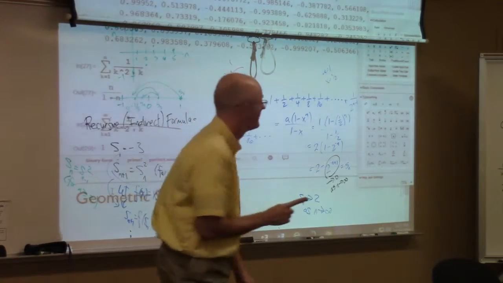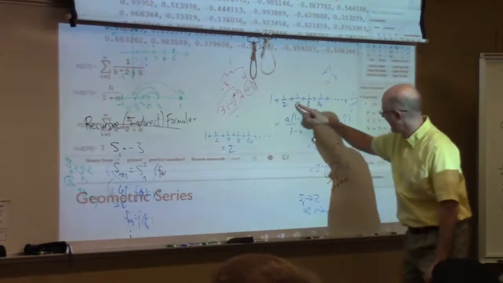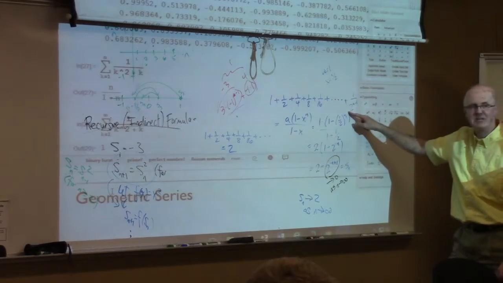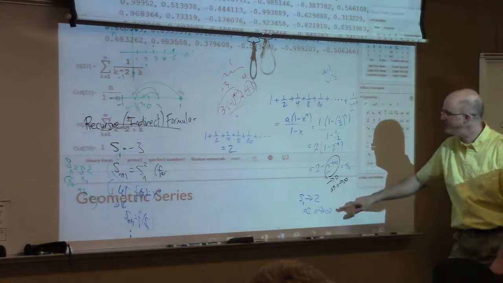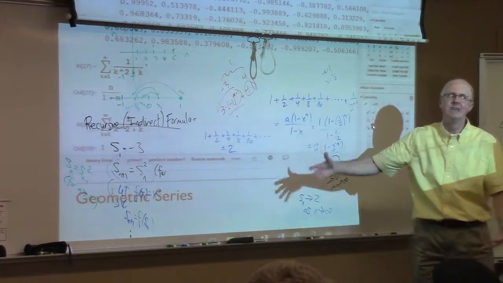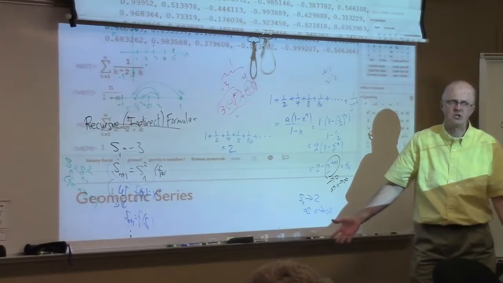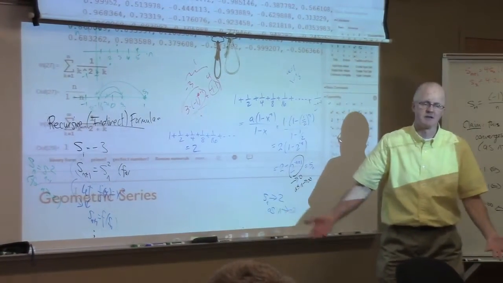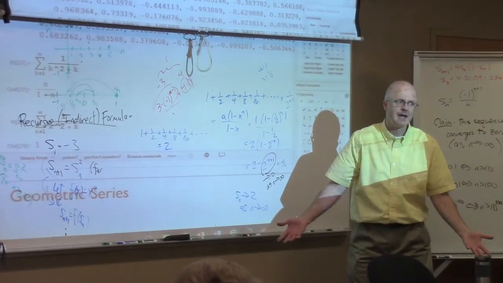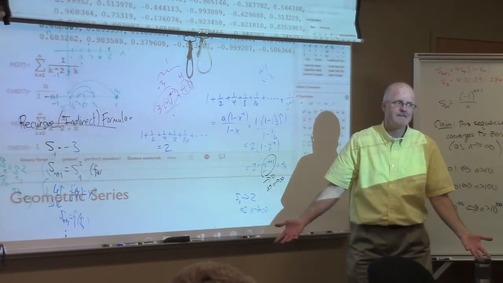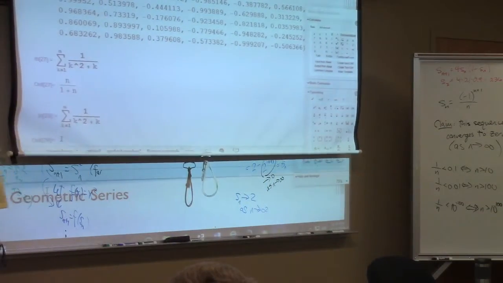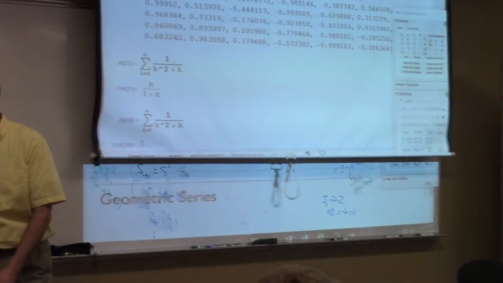But this corresponding sequence of the sum of finitely many terms does converge to 2, and so because of that, you say it makes sense to say the infinite sum converges to 2, even though you can't literally add up infinitely many things. Nobody can. If you put it into Mathematica, Mathematica will say the answer is 2.